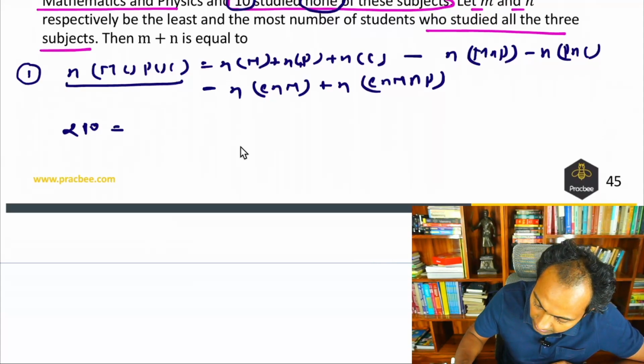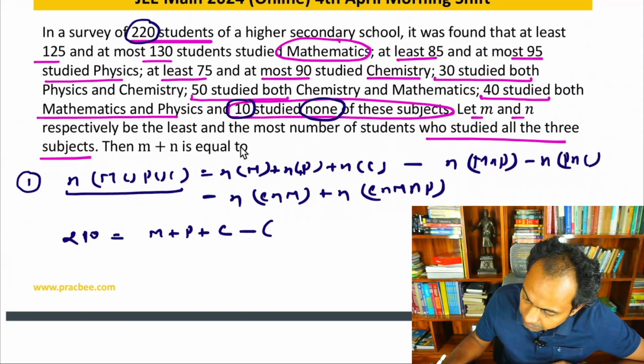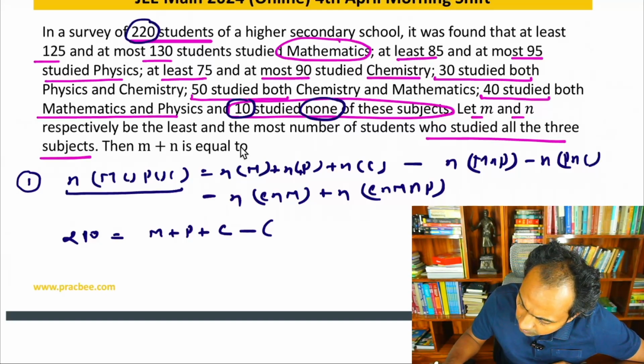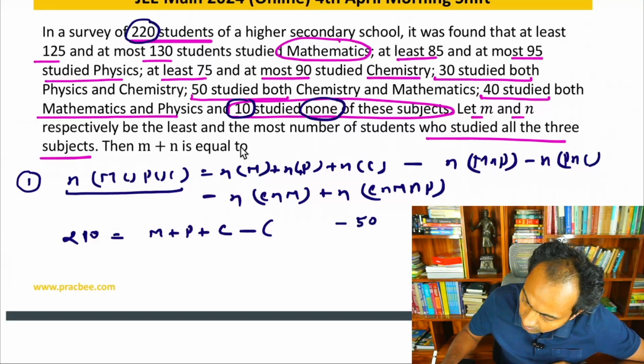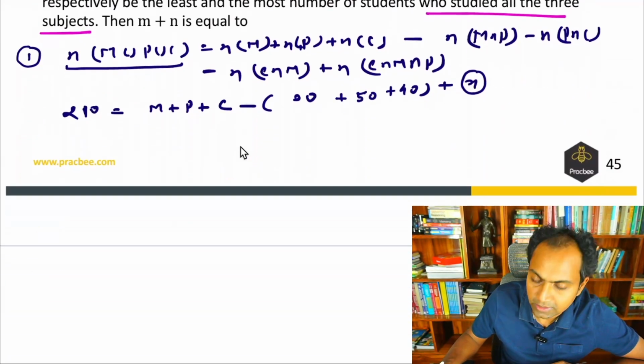The number of elements in M is capital M, this is capital P and then capital C. Rest of the values: M intersection P. 50 studied both chemistry and physics, the second one they have given as nothing but 50, and one of these values they have given as 40 and another one is 30. So let us write 30, 40. The order can be anything, it is not important. And the thing that we want to find, let us write it as X.